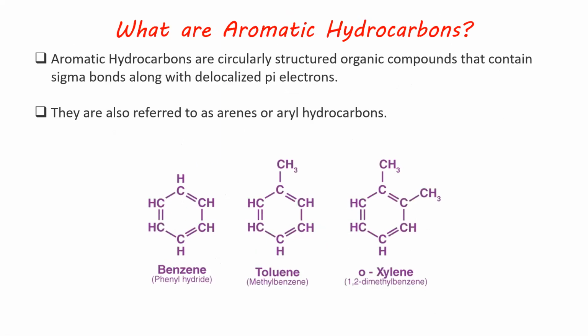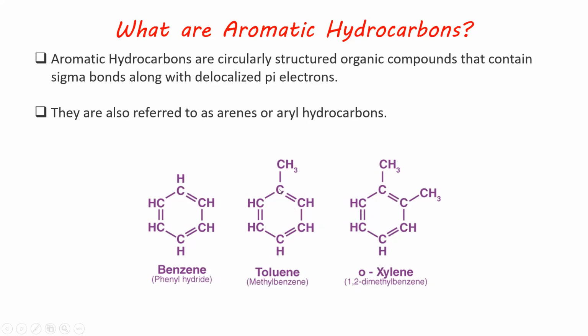So what are aromatic hydrocarbons? Aromatic hydrocarbons are cyclic structured, circularly structured organic compounds that contain sigma bonds along with delocalized pi electrons. Here in the basic structure, you can see we have the alternate double bonds, that is alternate pi bonds, or we can even call it as conjugated double bonds. These structures are also referred as arenes or aryl hydrocarbons. The first basic example is of benzene, whose molecular formula is C6H6, which can also be called as phenyl hydride.